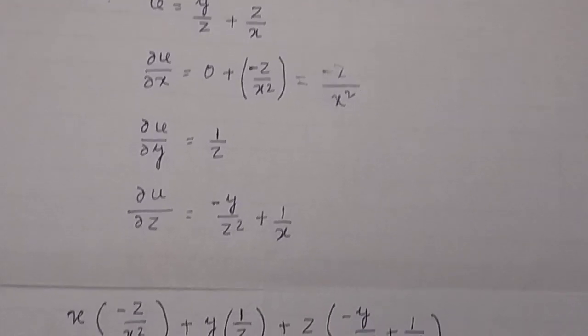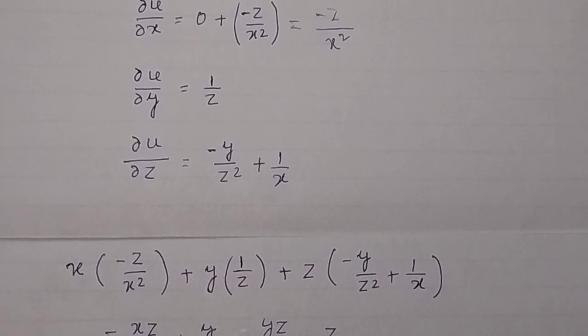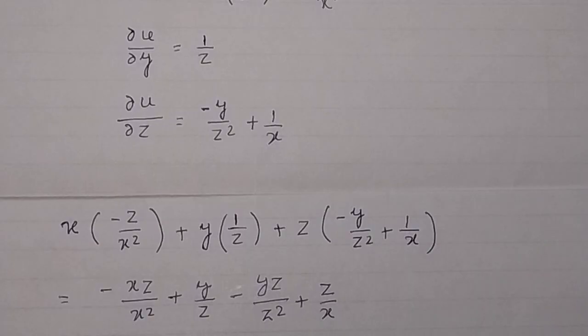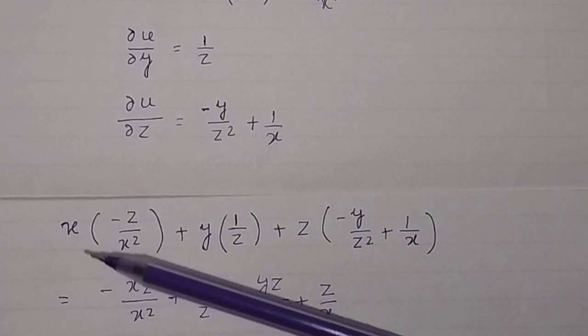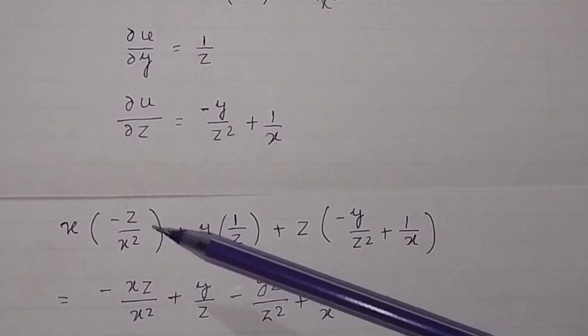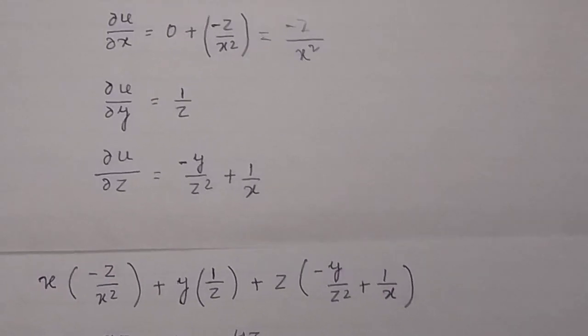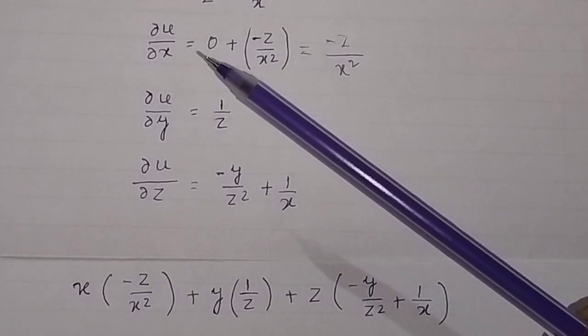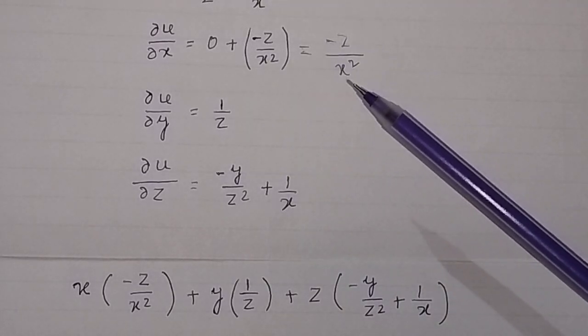So now you add the three terms. x into partial derivative of u with respect to x, and we have found that the partial derivative of u with respect to x is equal to minus z by x square.